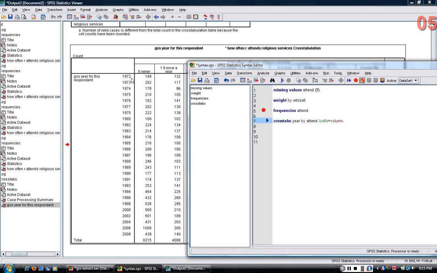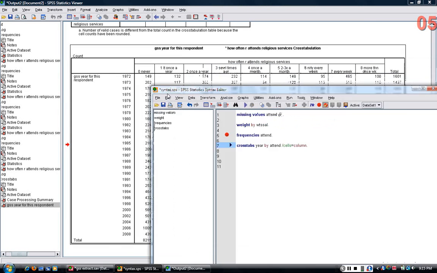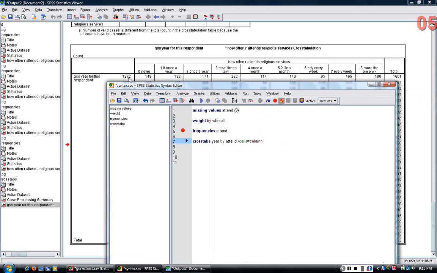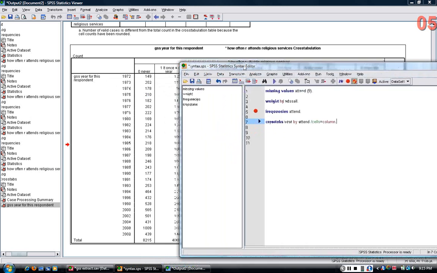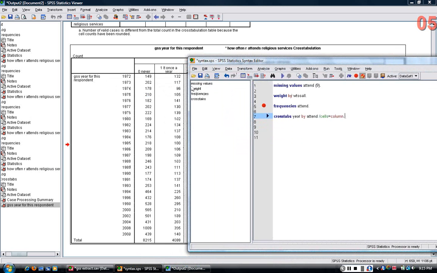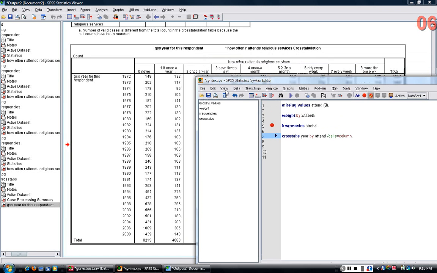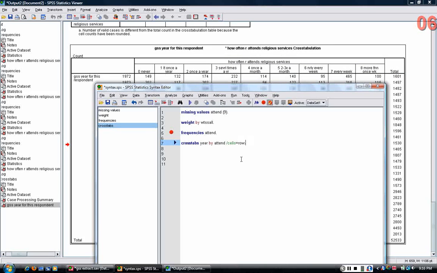It doesn't really make any sense. What makes sense is the row percentages. That is, among the respondents in 1972, what percentage of them said that they attended less than once per year? That obviously makes a lot more sense than asking, among the people who attended less than once a year, what percentage responded in 1972. So that's why I'm not going to do column percentages. I would do row percentages.